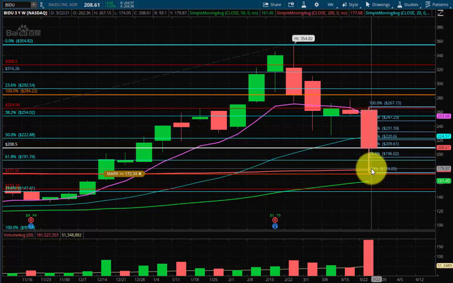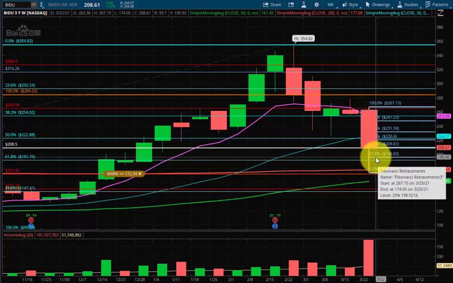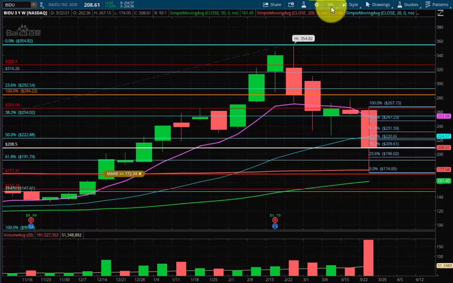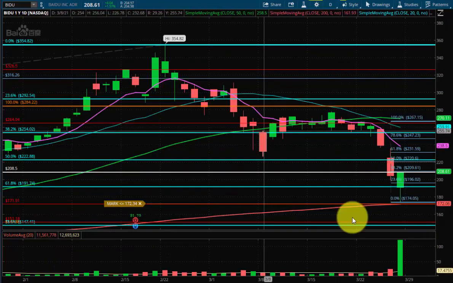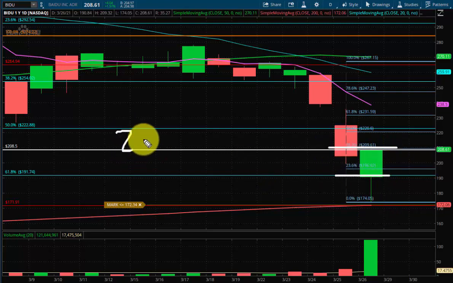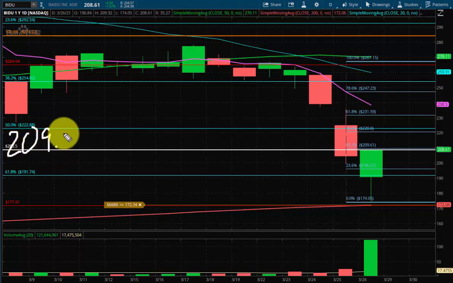So that's going to be the line. The problem is Baidu bounced a lot more than IQ did, so we actually do have more downside risk here. For Baidu, I'll zoom back to the daily chart. Basically, we are at two key zones here: 208.5, which stretches all the way up to 209.6. That's the zone overhead, 209.61.